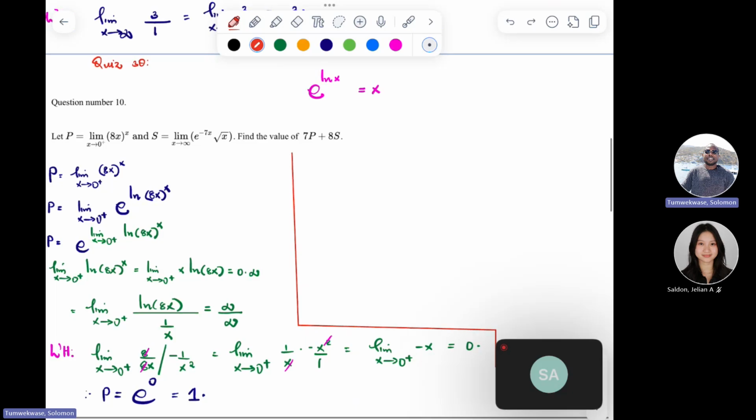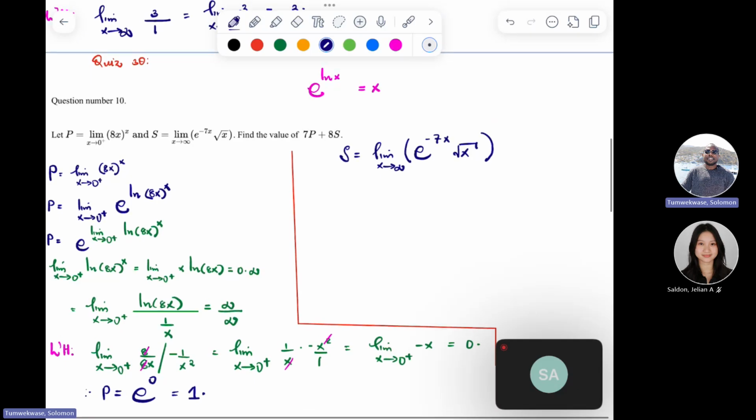Okay, so let's find S. So S is the same as the limit as x approaches infinity of e to the power negative 7x times square root of x. Now, once again, when I take this limit directly, you can see that e to the power negative infinity, the whole of that is 0, so that is 0 times infinity.